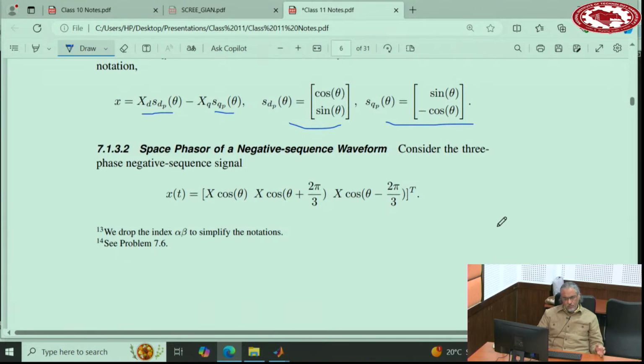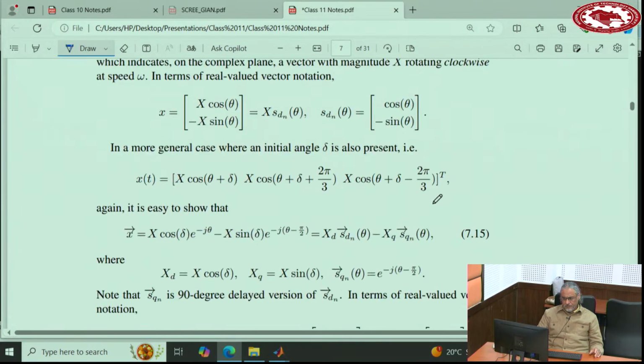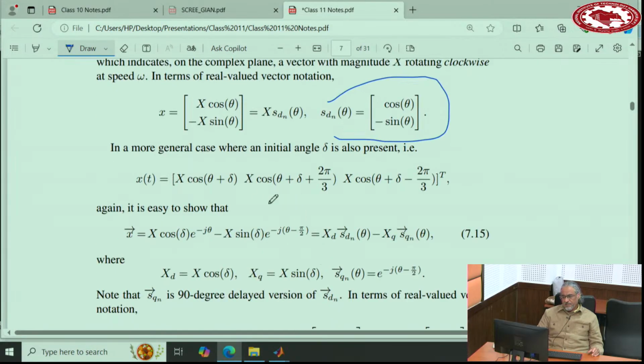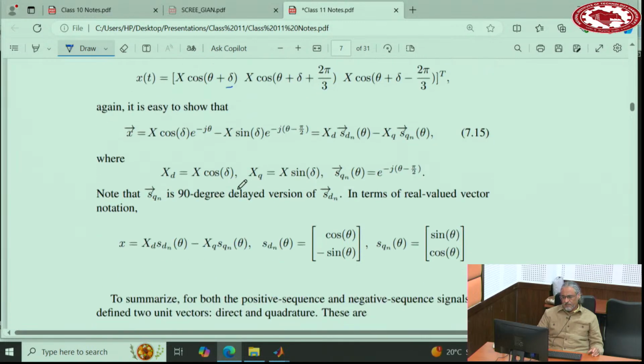For a negative sequence, you can also derive. If you have a negative sequence waveform, and then you calculate its space phasor, that gives you this one, which is now negative theta. And I'm going to call this SDN, direct negative, right? And in terms of real vector will be this. And if it has a phase shift, it will have two components, SDN and SQN.